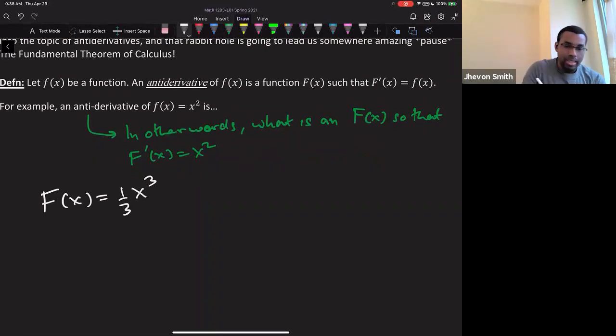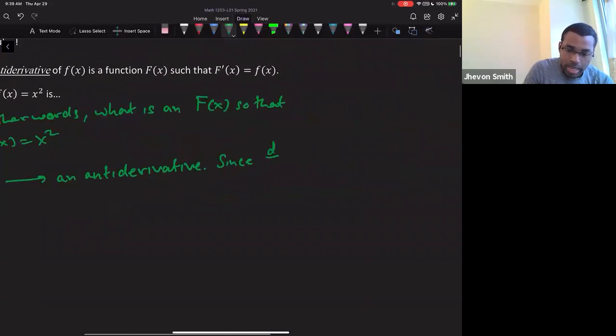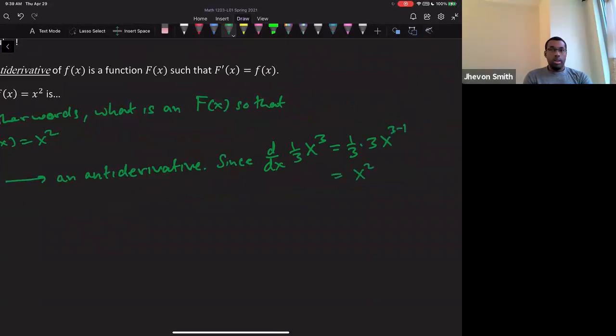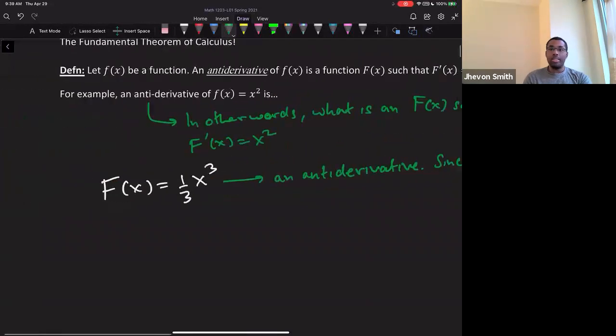This guy is an antiderivative, since, well, if I were to take the derivative of 1/3 x cubed, the answer would be 1/3 times 3, x to the 3 minus 1, and that would just give me x squared. All right. Okay, so that's an antiderivative.